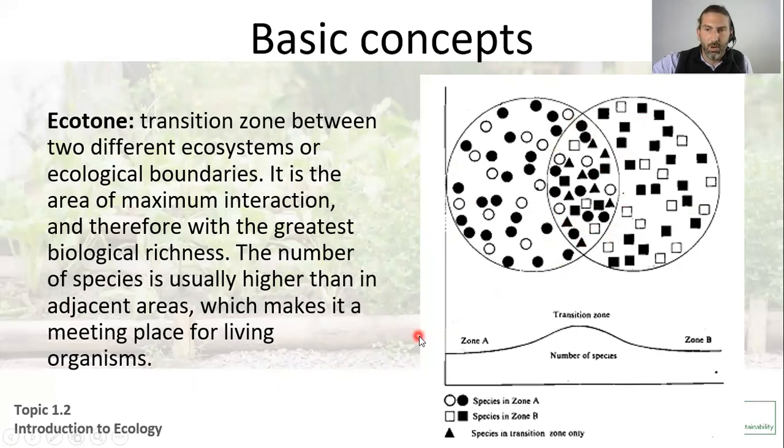And then when you look at the bottom, the number of species in zone A is lower, in the middle it's high, and on the tails again it's lower. So this shows that at the border, the edge of the ecotone, there's a high amount of diversity. So this is what we talk about when we talk about edges and things like that.